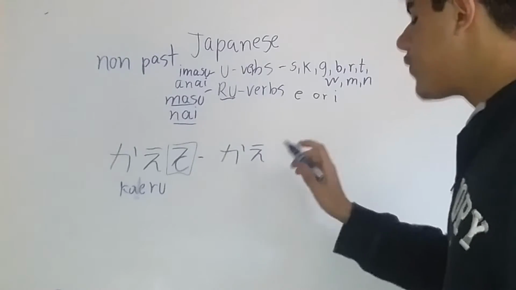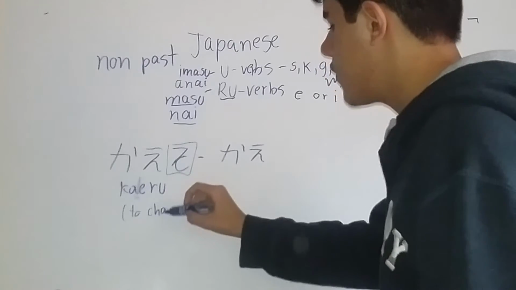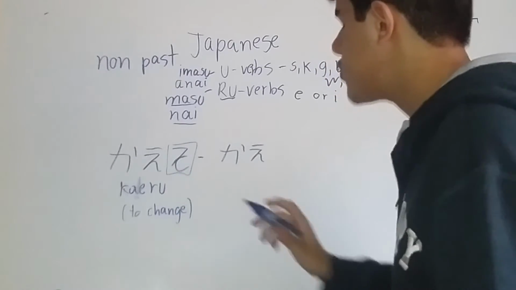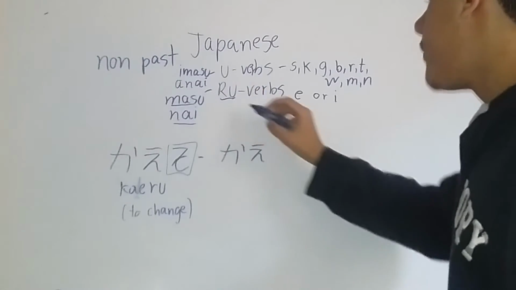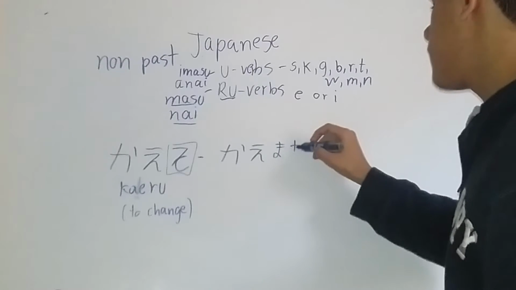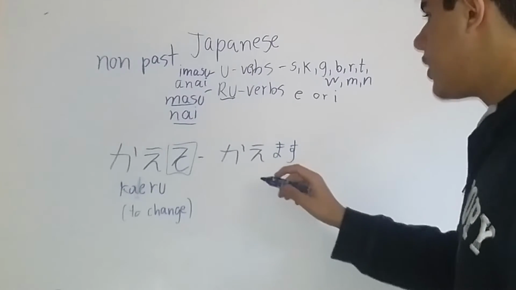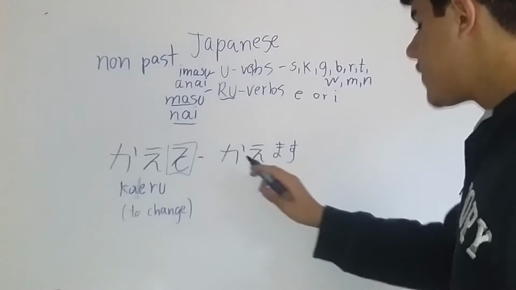This verb means to change. So we're conjugating the verb to change in the present. So kae, masu, we put masu here.